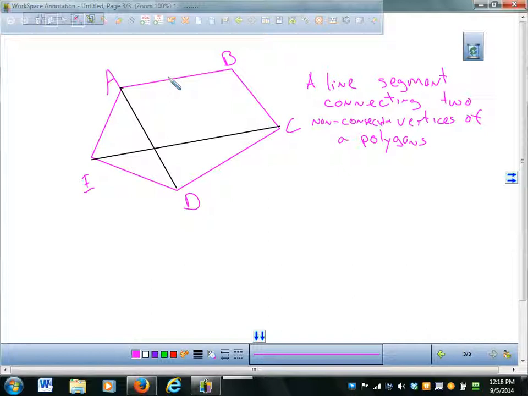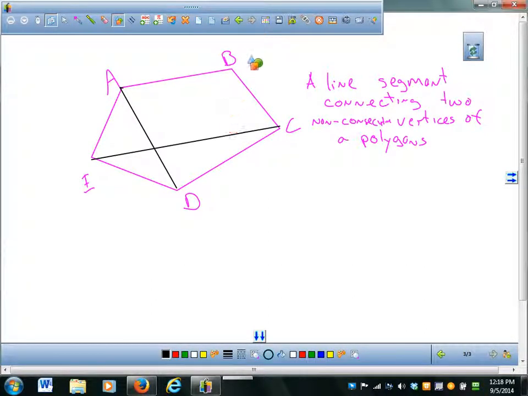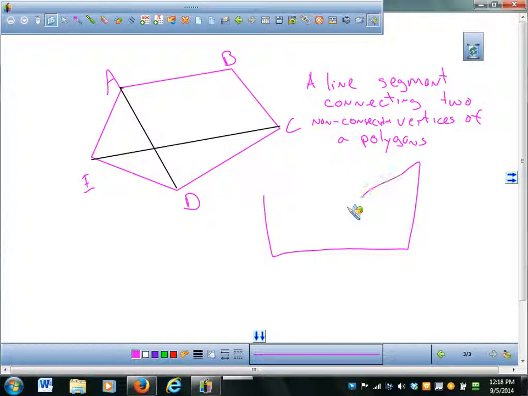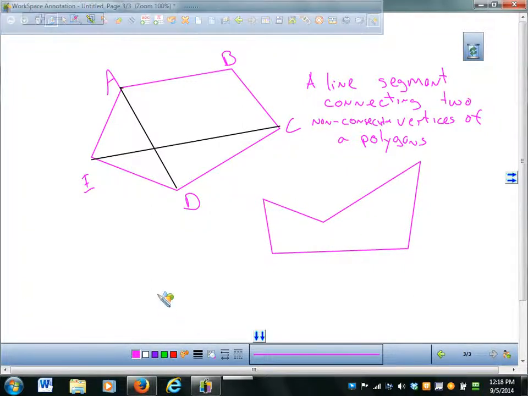So does the line have to go through the shape? That's another thing we didn't talk about. If I were to do a polygon like this, make it there, that's called a concave polygon.